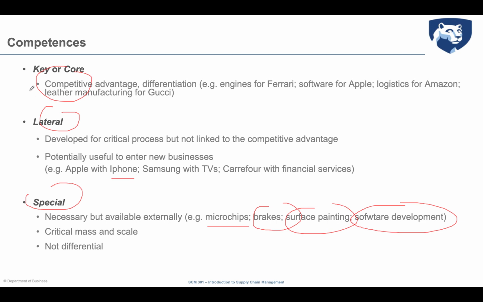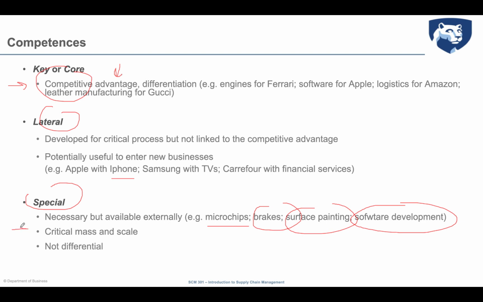So basically, the competence theory tells you that whenever a good refers to a key or core competence, which contributes to the competitive advantage, this good or service is not a good candidate to be outsourced.